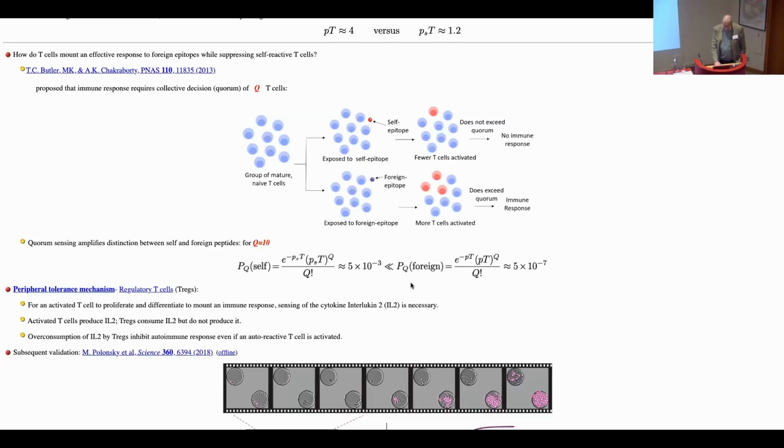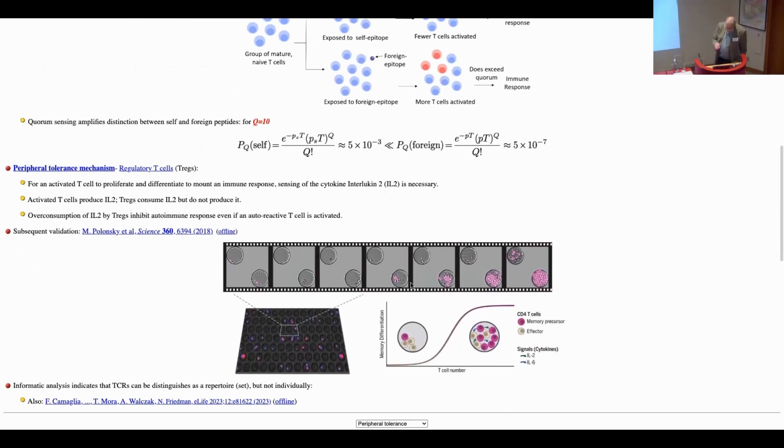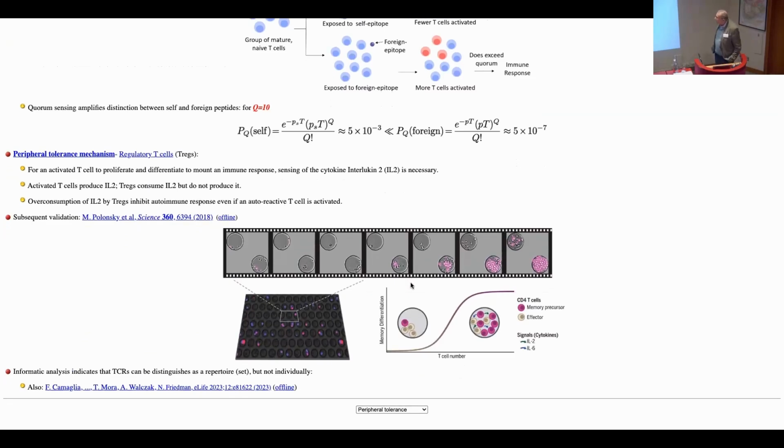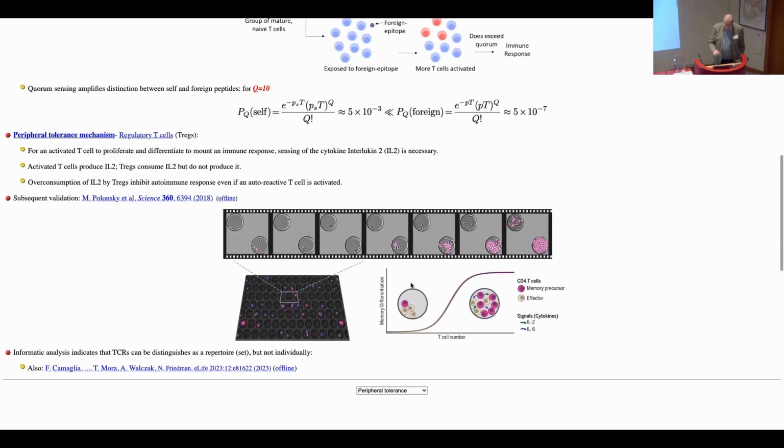Okay, so this has now been established that there is some kind of quorum sensing mechanism. And the mechanism for that is as follows: T cells, once they recognize some peptide and they start to respond, they release some hormone called IL-2, and they also consume IL-2.